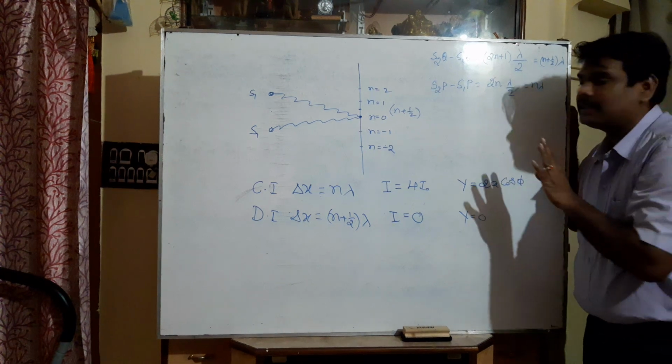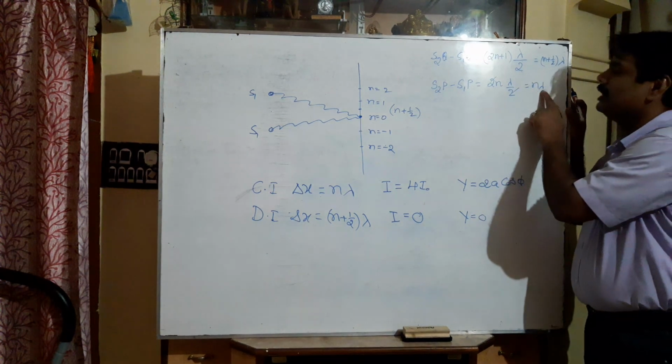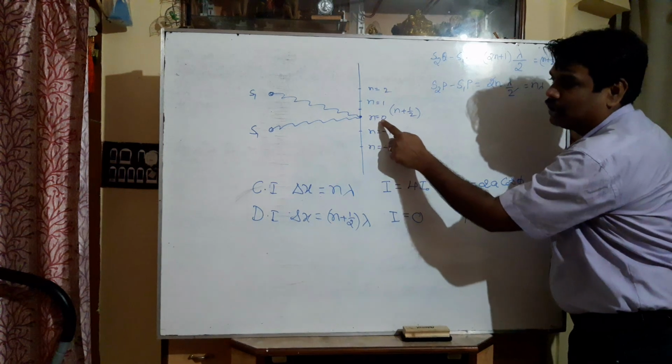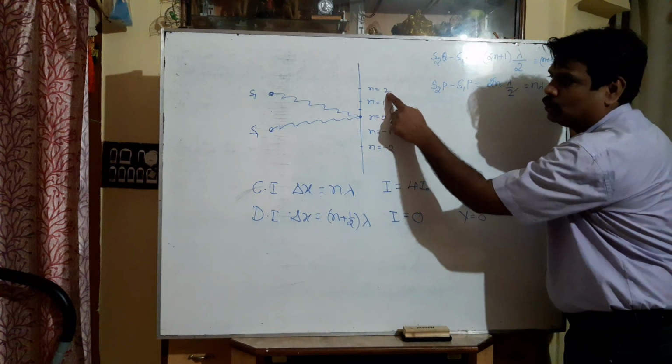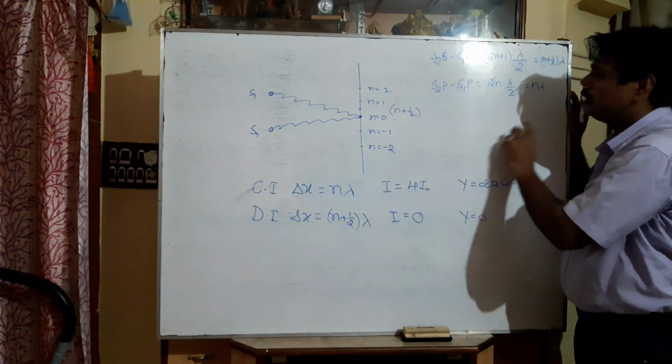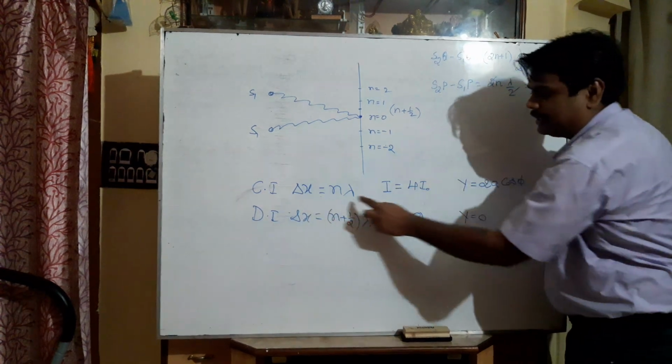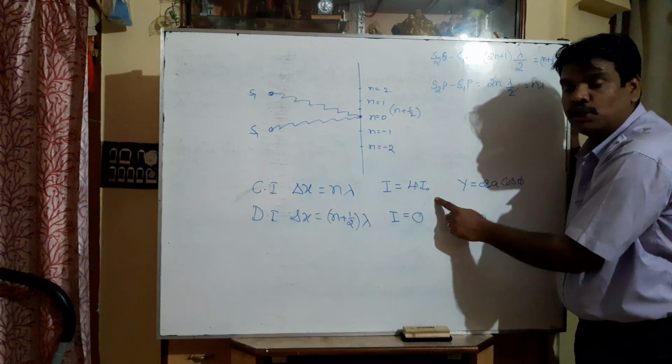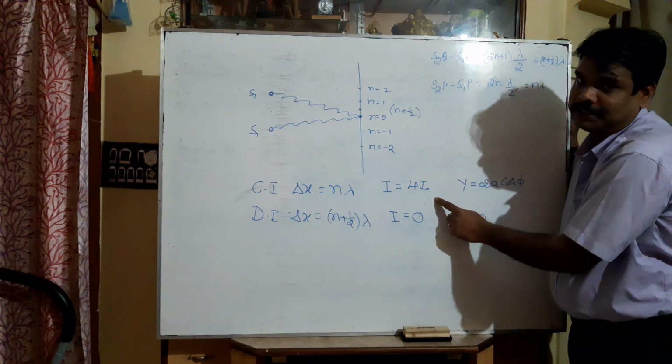So generally we can say for all values of n lambda, including 0, 0, 1, 2 or minus 1, minus 2, including 0, 100% the intensity is maximum, so there is constructive interference.